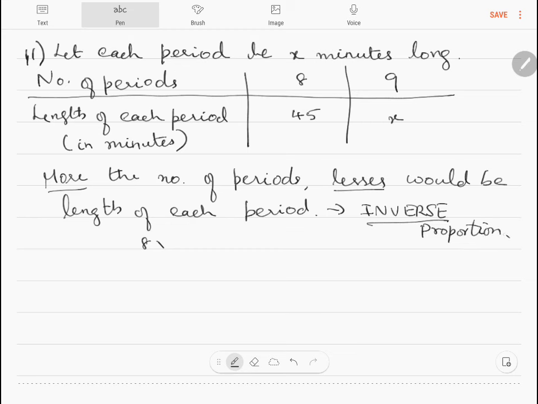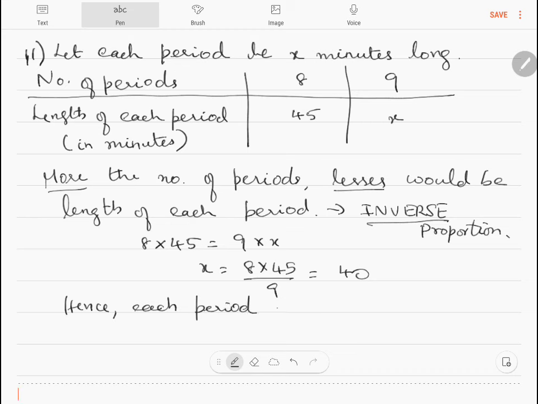So we can use 8 into 45 is equal to 9 into X. X is 8 into 45 by 9, which is equal to 40. Hence each period will be 40 minutes long.